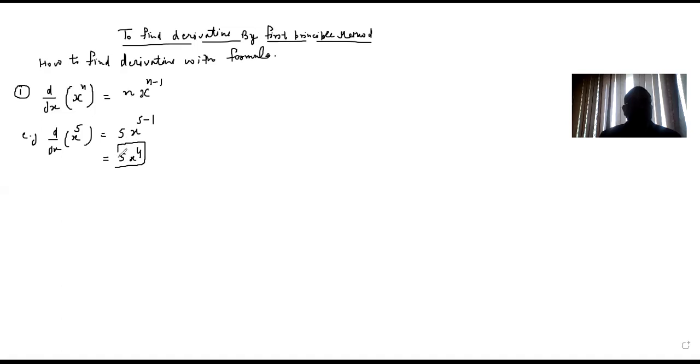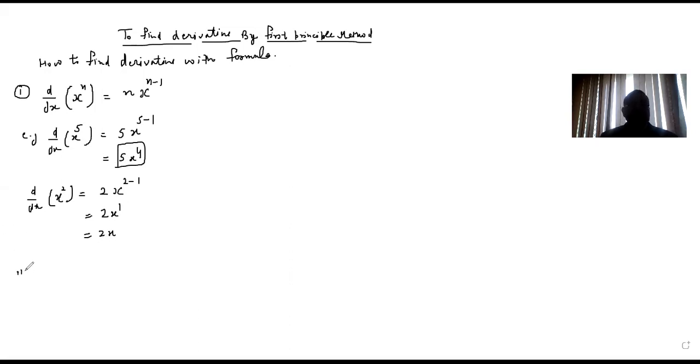We did the derivative of x square also by using first principle. With the help of formula, now 2 is a constant, 2 comes at front, this is the variable, then n minus 1, that means 2 minus 1. So this is 2x raised to power 1, which can be written as 2x.